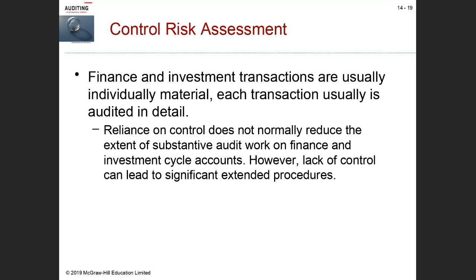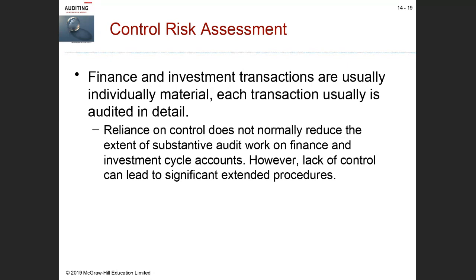If you have a poor segregation of duties at the top of an organization, you have to do even more substantive work. Why? Because those senior officers of the company could be involved in individually material transactions.